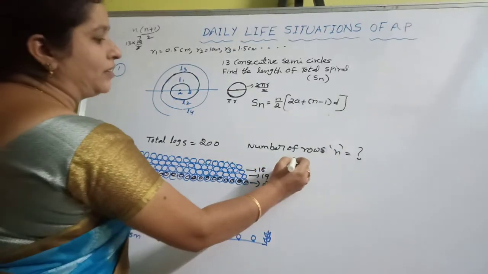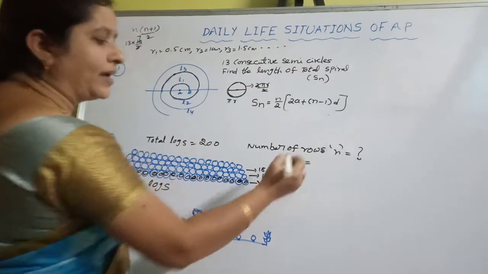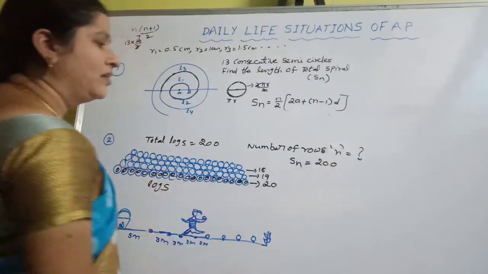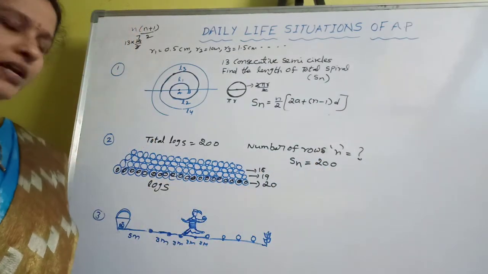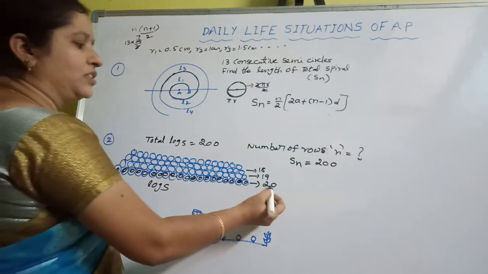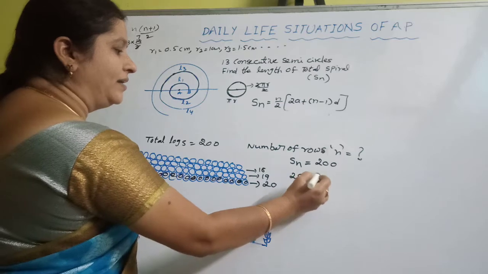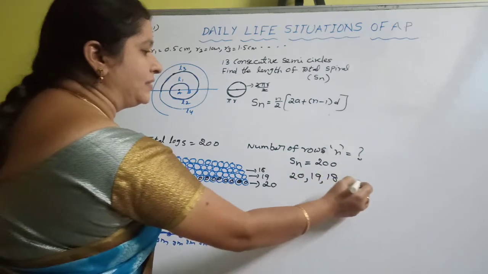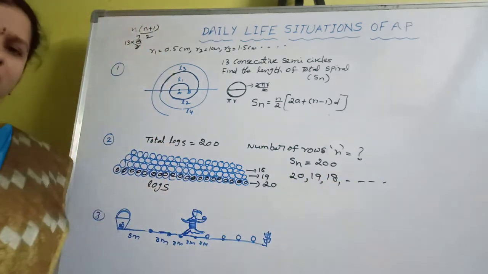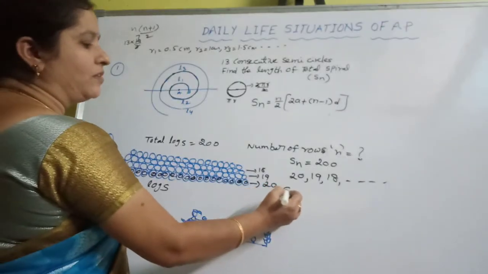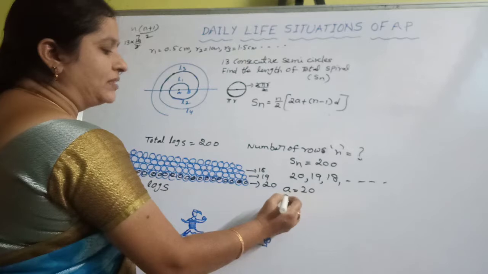Total logs 200 means total terms, so always you have to take the Sn value. So Sn equals the given 200. What is the series of this question? First term 20. The series is 20, 19, 18, and so on, in decreasing order. So first term a equals 20.